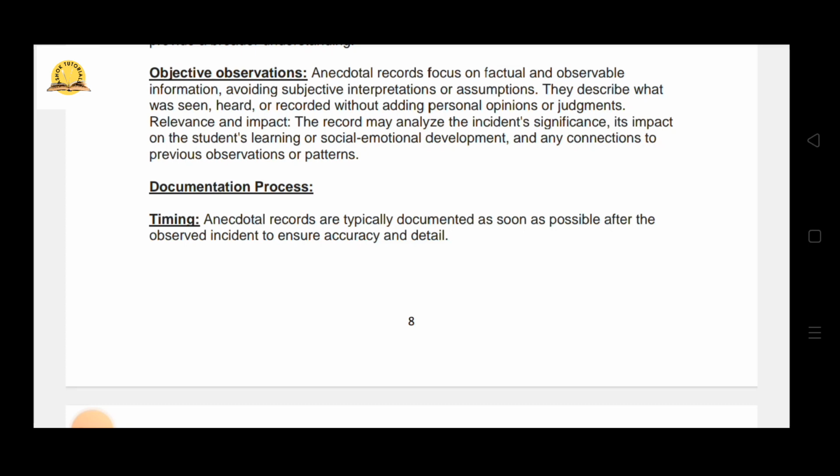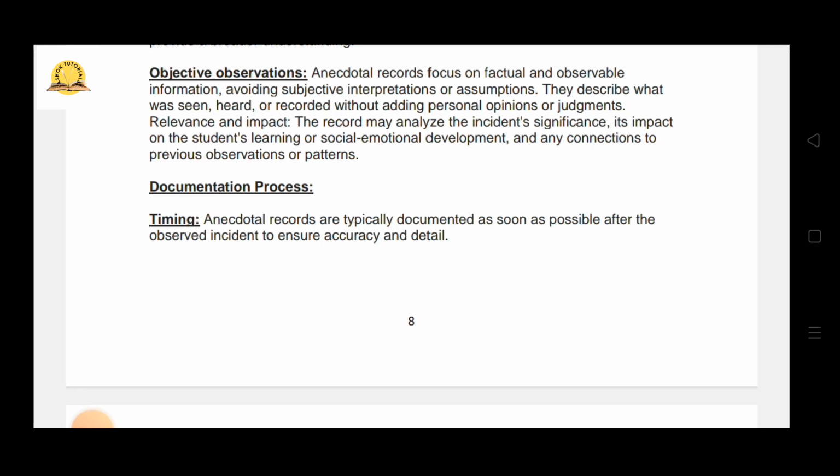Whenever you are making an objective observation, we have to be unbiased, we have to be impartial, we have to believe in facts. We have to write exactly what was seen, what was heard, what was recorded, and what the witnesses have seen, without being partial.